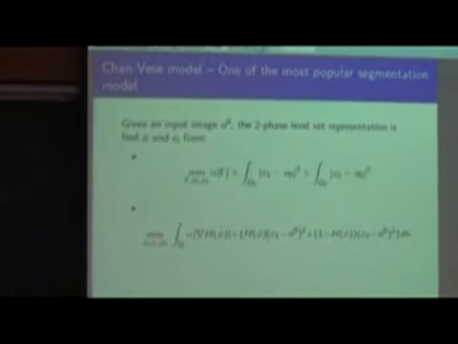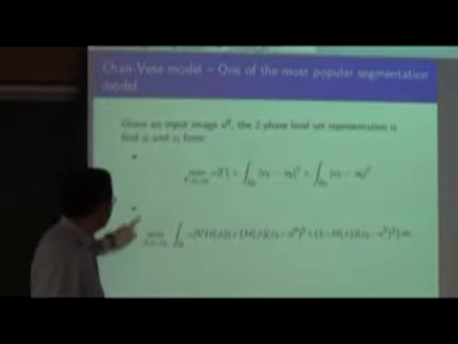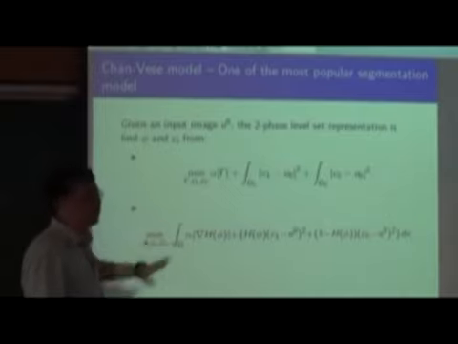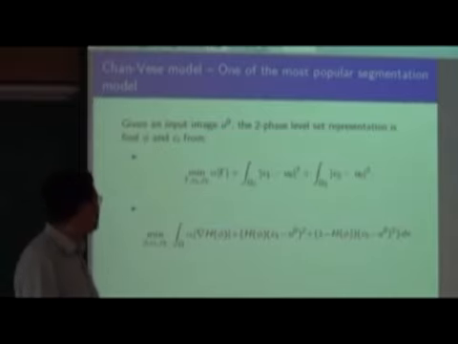Once you introduce a level set function, originally you minimize over gamma. How do you become a new minimization with phi? C1, C2, you don't do anything. So how do you transfer the minimization with gamma to a minimization with phi?